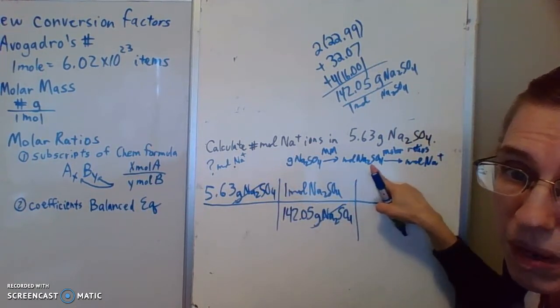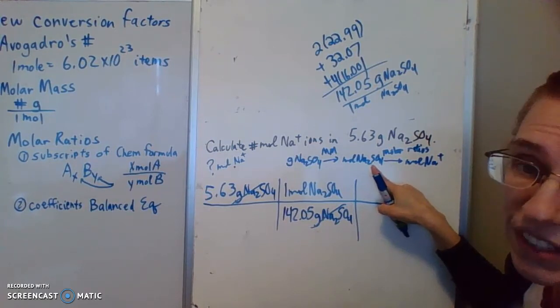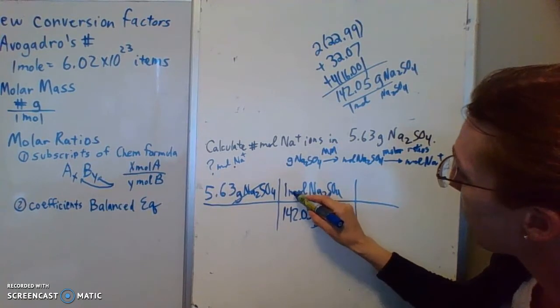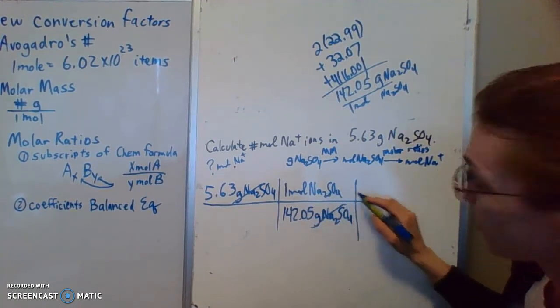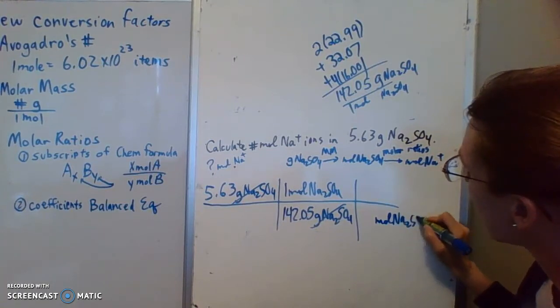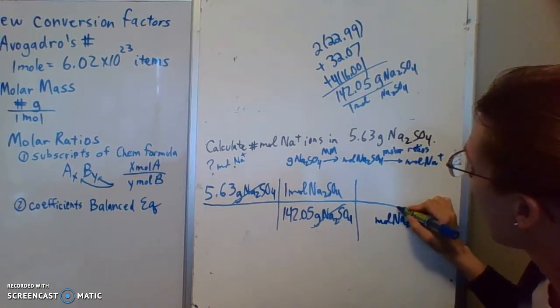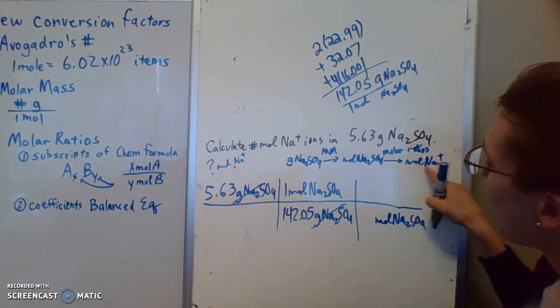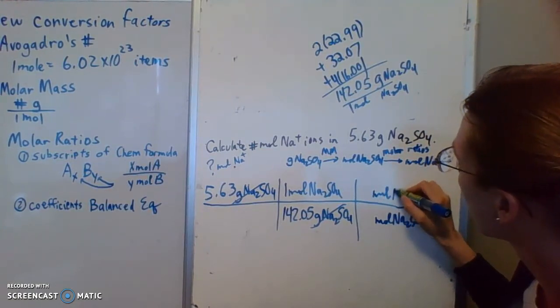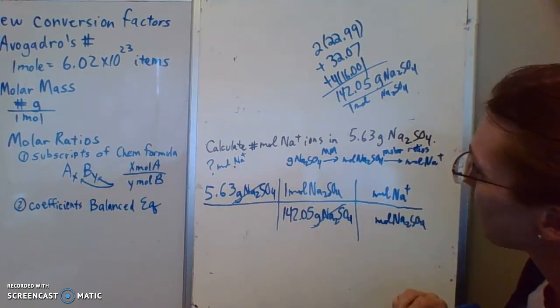We've already stopped the problem there. We know that's not what we're looking for. We have to do another step with molar ratios. So we want to cancel out this moles of Na2SO4, so I'm going to put that in the bottom: Na2SO4, sodium sulfate. And then we want to go to moles of sodium, so I'm going to write that on top: moles of sodium ions.